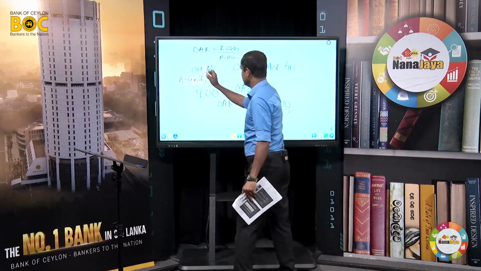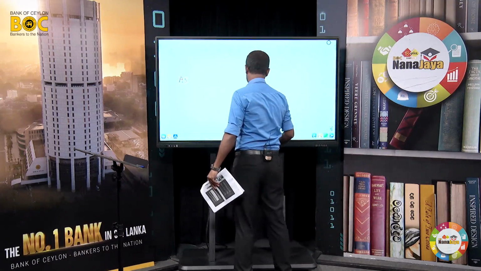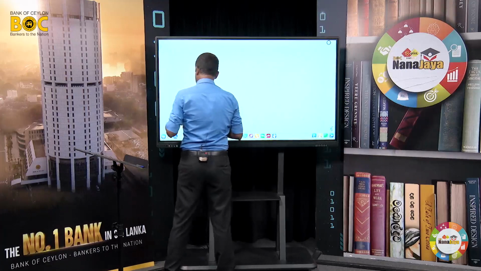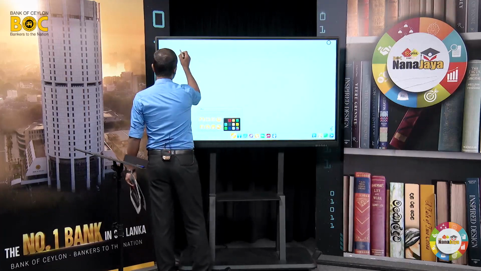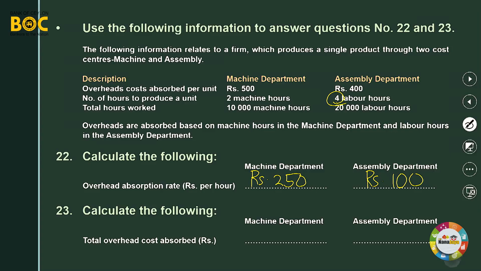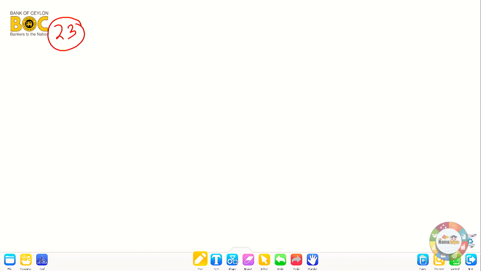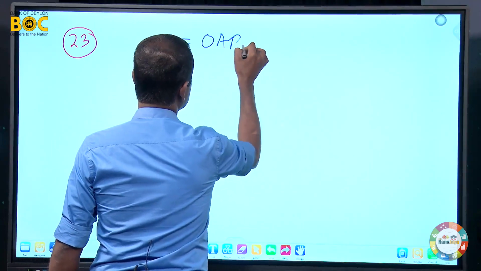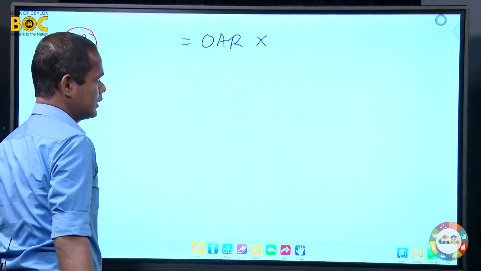The question requirement is the total overhead cost absorbed. So overhead absorbed equals overhead absorption rate into actual hours.